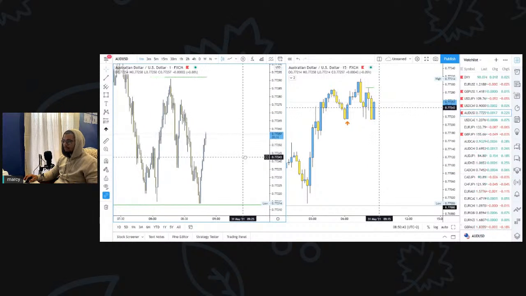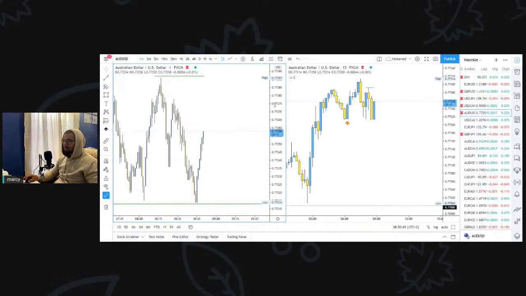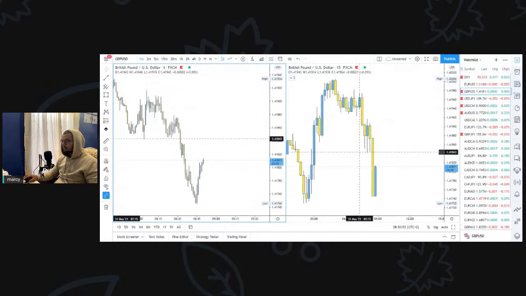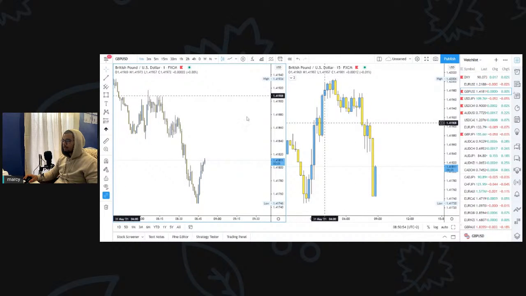That did not even bother doing anything. So you can see now pre-London strength is coming in the market.